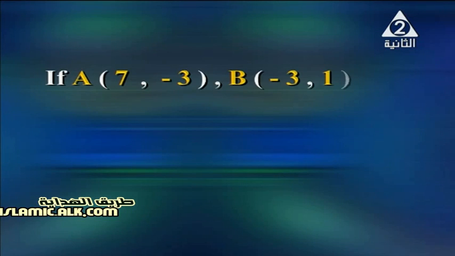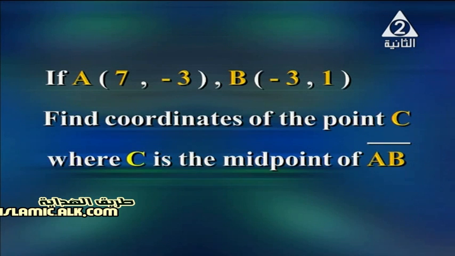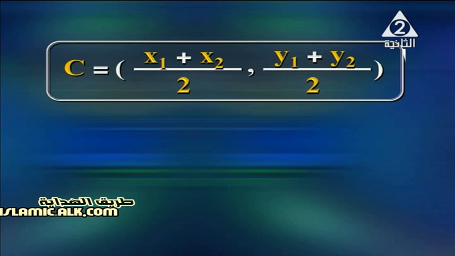If A is (7, -3) and B is (-3, 1), find the coordinates of the point C, where C is the midpoint of AB. To find the coordinates of the point C, which is the midpoint of AB, you know that there is a rule which you have studied, which says that C equals (x1 plus x2 over 2, y1 plus y2 over 2).